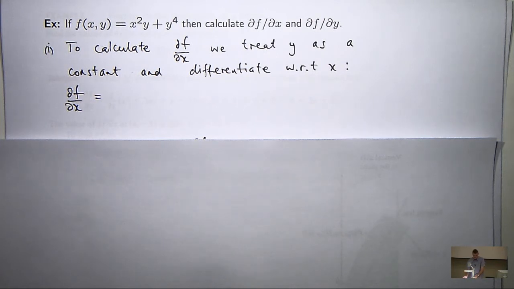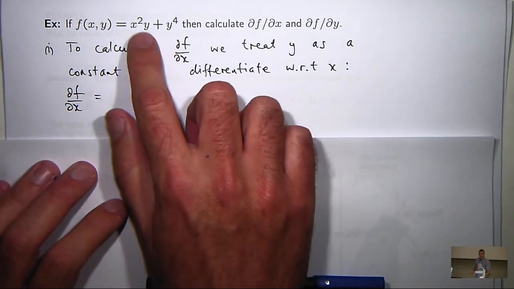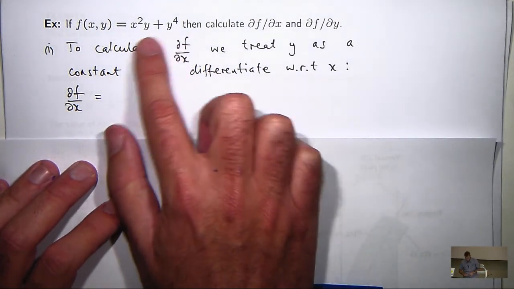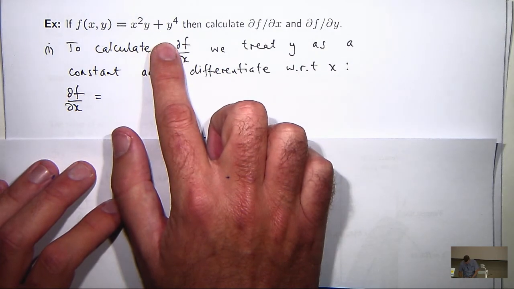So what do we do? To calculate df dx, treat y as a constant. So wherever I see y in there, I'm just imagining it's a constant. And I differentiate normally with respect to x. Okay, so let's just work this out.